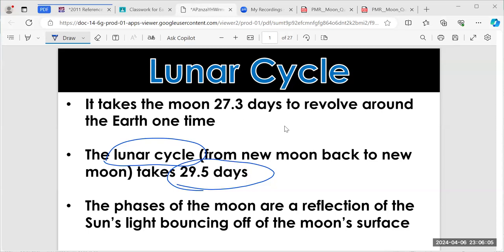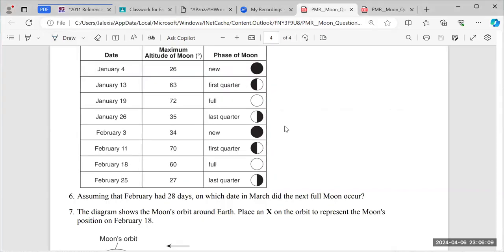So we have to look and see when did the last full moon occur? So the last full moon, right here, it says February 18th.